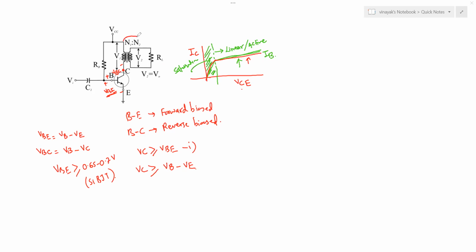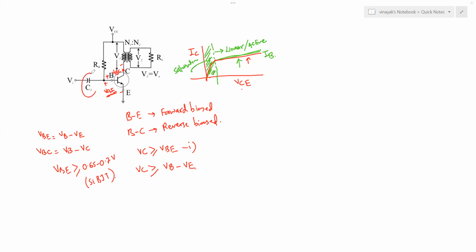You choose the turns ratio in such a way that you can have 1:1 or 1:2 or 1:n times the winding, and depending on that your output V2 will be proportional to V1. V2 would be greater than or equal to V1. And then V2 is nothing but the voltage that is developed across the load.